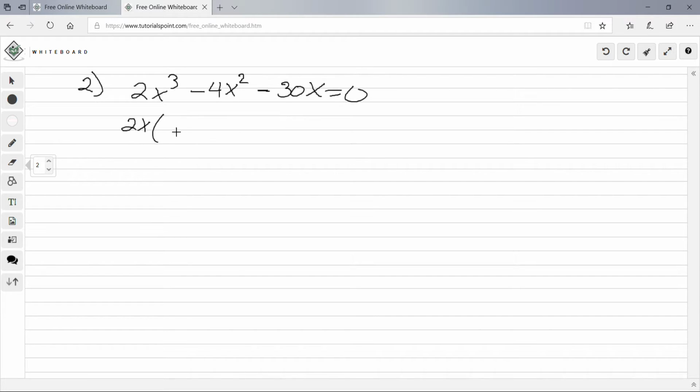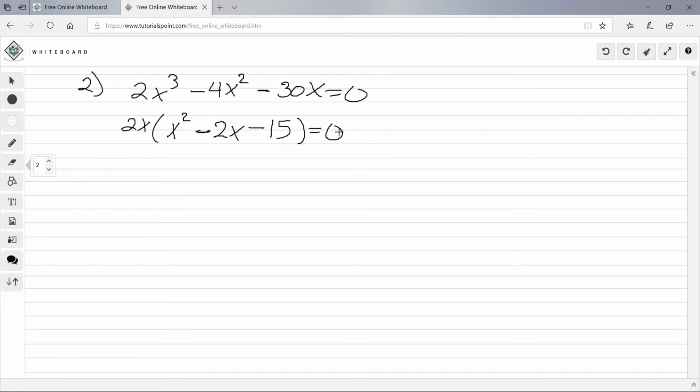So what do I have to multiply to get x cubed? x squared, because x squared times 2x is 2x cubed. And then minus 2x, because negative 2x times 2x is negative 4x squared. And then minus 15, because negative 15 times positive 2x is negative 30x.